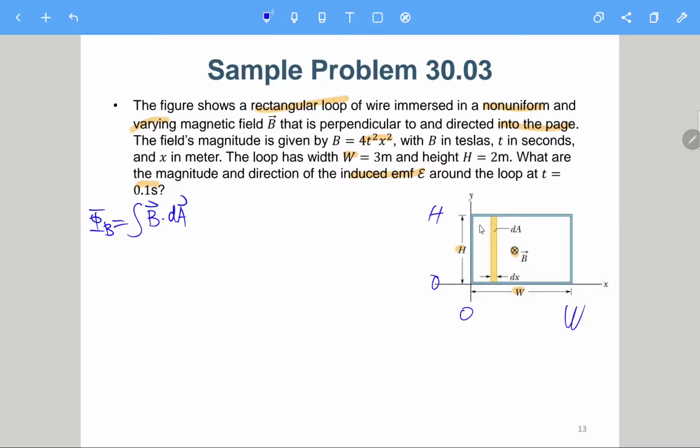And of course, we know B is perpendicular to this rectangle. So B dot dA is nothing but B dA. So they're parallel to each other, and we may assume the positive direction to be into the page, so that dA is pointing into the page.